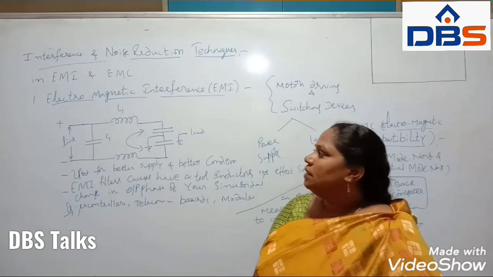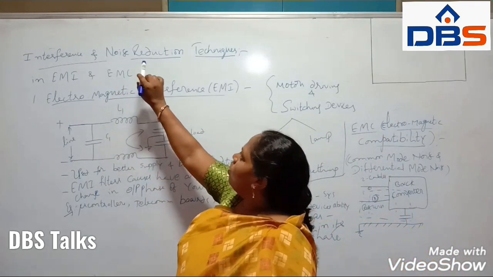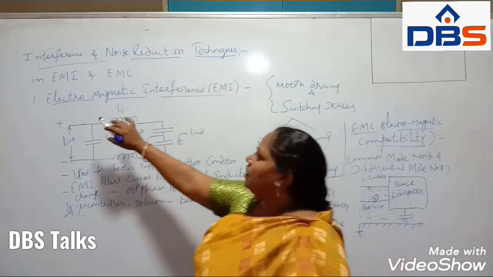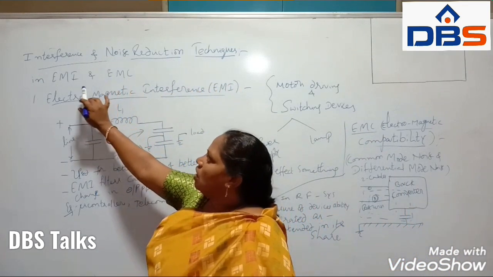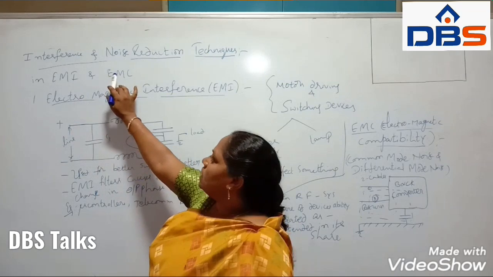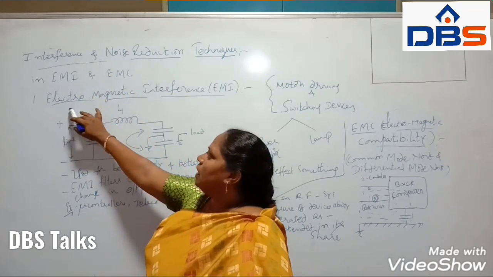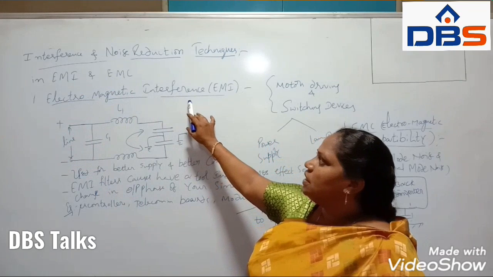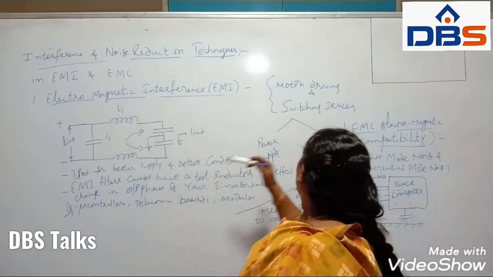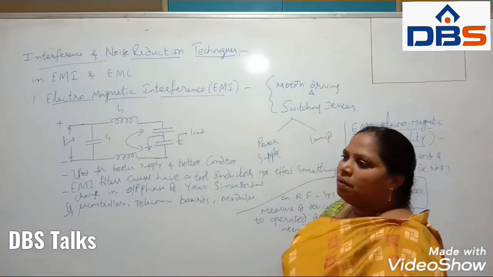Next topic is the interference and noise reduction techniques in EMI and EMC. What is EMI and what is EMC? EMI means electromagnetic interference and EMC is electromagnetic compatibility.